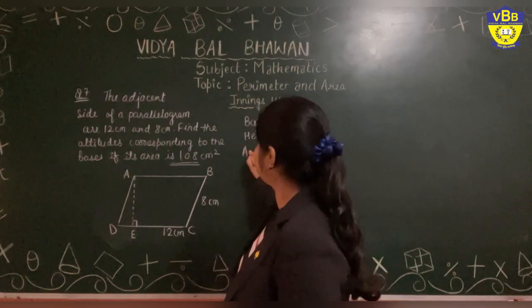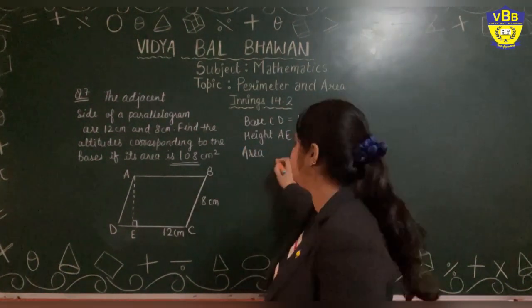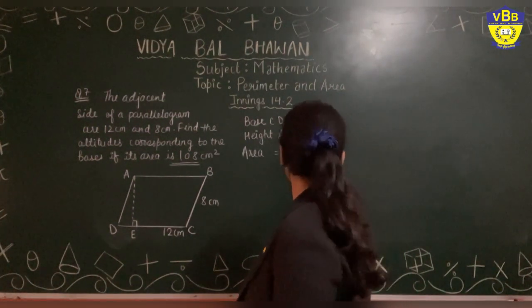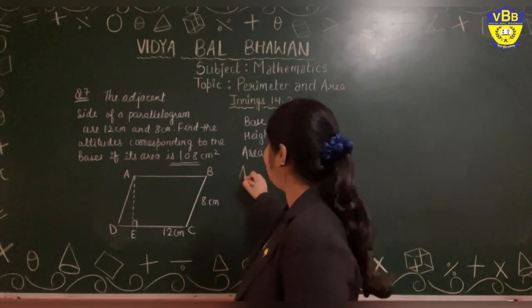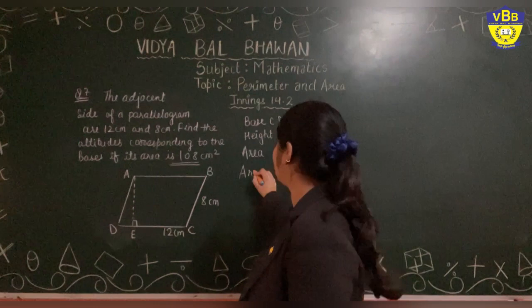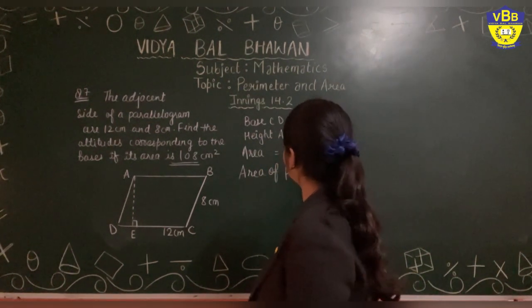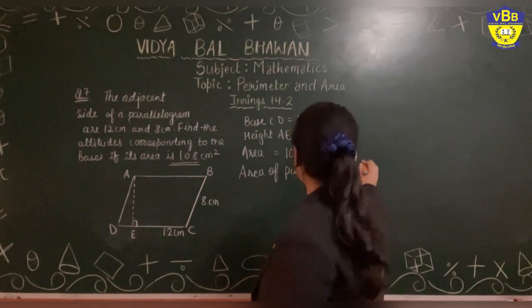Area of this parallelogram is given, that is 108 centimeter square. Write the formula of area of parallelogram. Area of parallelogram is base into height.